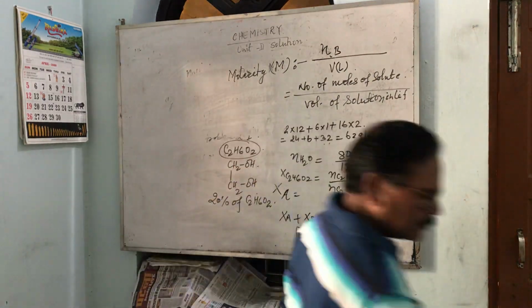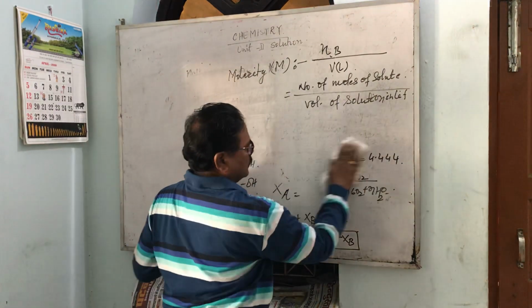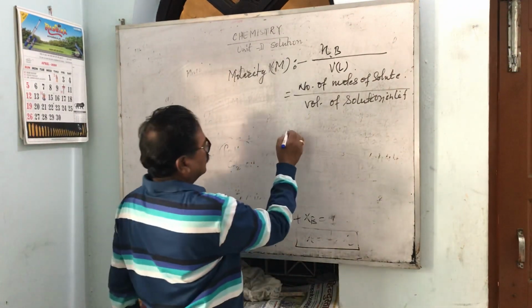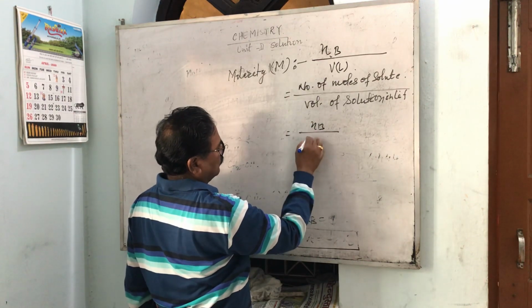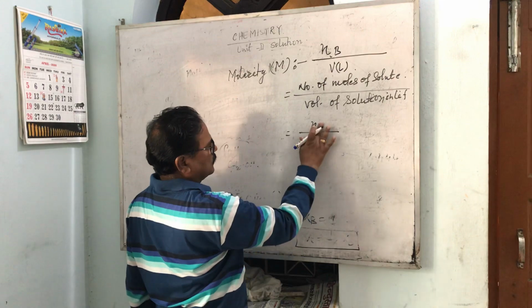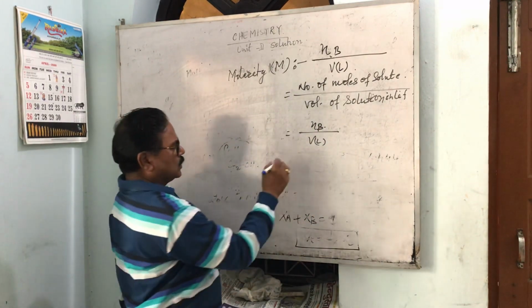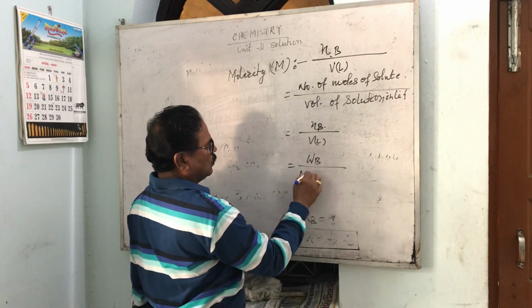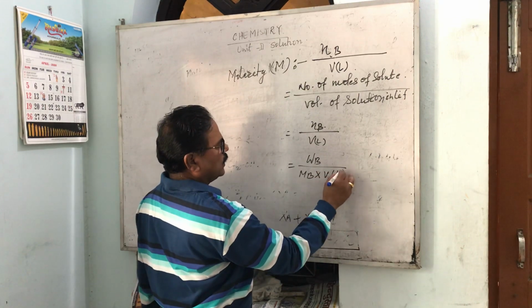Now, mathematically it can be expressed as Nb by volume of solution in liter. Where Nb is the number of moles of the solute, it can be written as weight by molecular weight, and this one is volume of solution in liter.